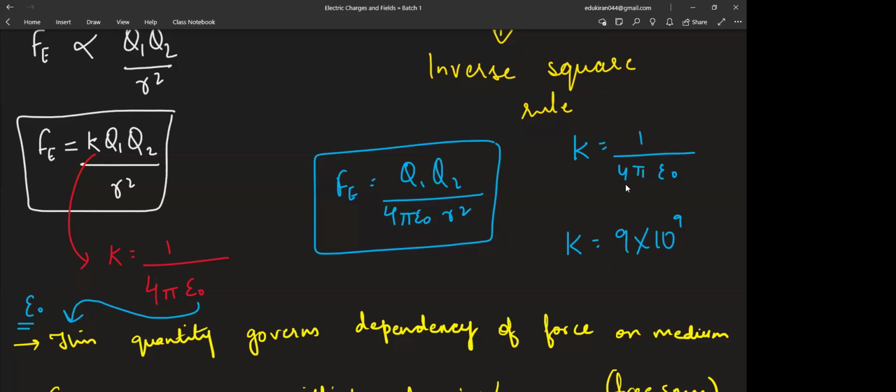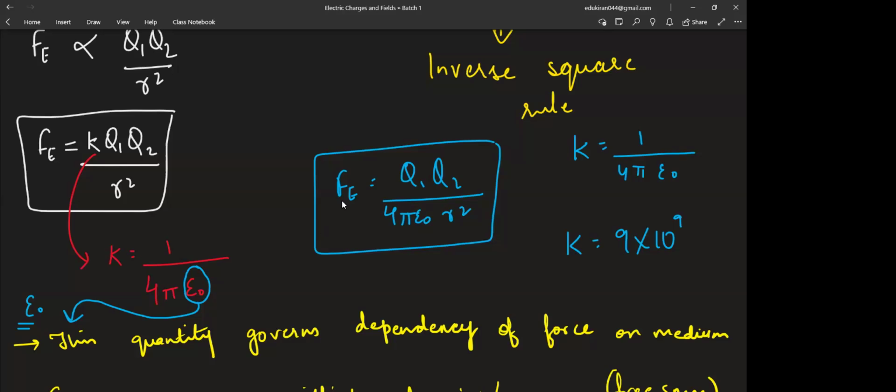Why? Because you already know what 4 is, you already know what pi is, but you do not know what epsilon naught is. This is a new term from this class, 12th class. So this governs the dependency of force on a medium. Different types of medium give different values of force, because for different media you have different values of epsilon naught.